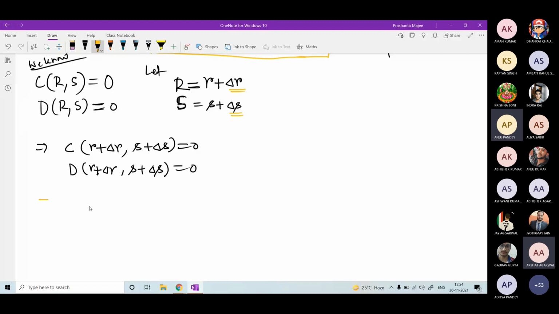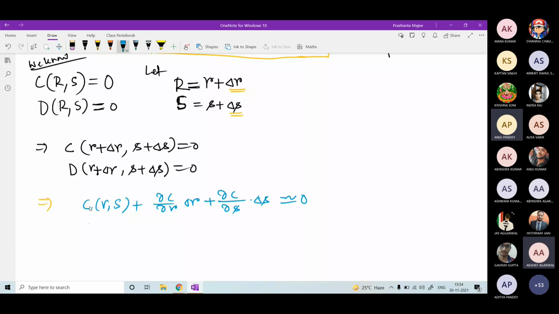So I am going to write down the Taylor series expansion of two variables, and I am going to retain only the linear terms. Higher order terms I am going to neglect. So if you use the Taylor series expansion, you will get C of R comma S plus del C by del R into delta R plus del C by del S into delta S approximately equals 0 if you keep only linear terms.